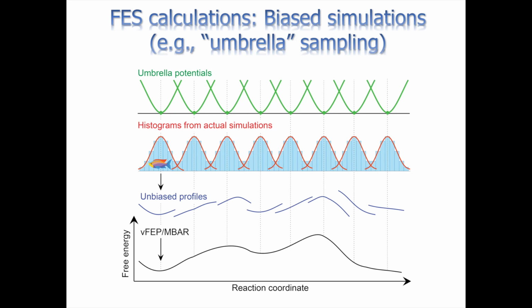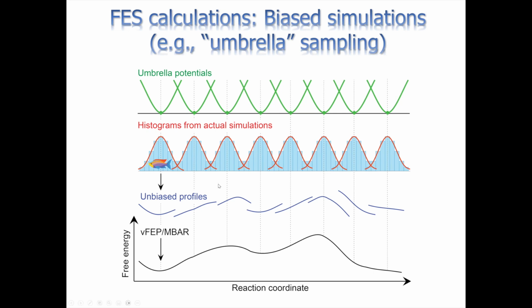So we use these different biasing potentials, which if they're quadratic are usually termed umbrella potentials, in order to come up with distributions for each segment of the pathway. And if it's a multidimensional surface, then you have to do this in each dimension. So it gets to be a lot of simulations.